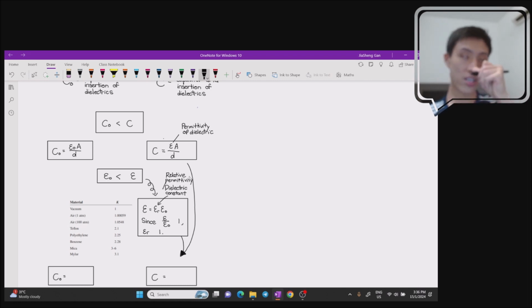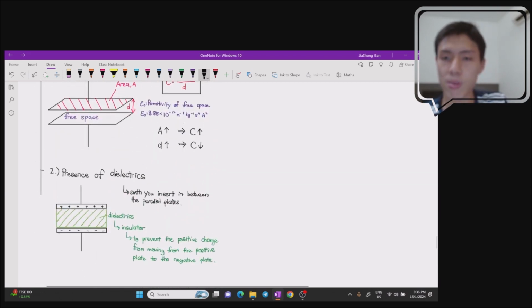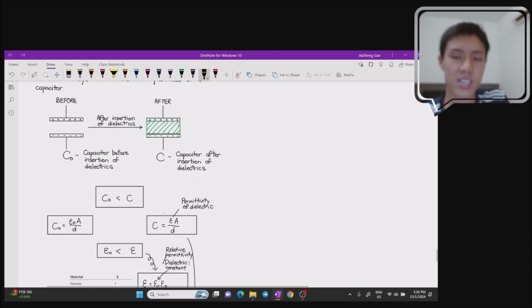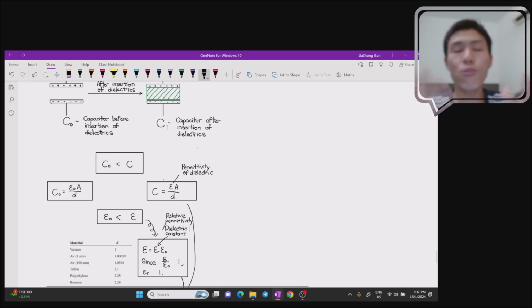Okay, so you can think of this relative permittivity like a multiplier. Initially, the empty space can only permit this well, 8.85 times 10 to the power negative 12. It can only permit this well. But once you insert this dielectric, let's say this dielectric improves the permittivity by twice the amount.